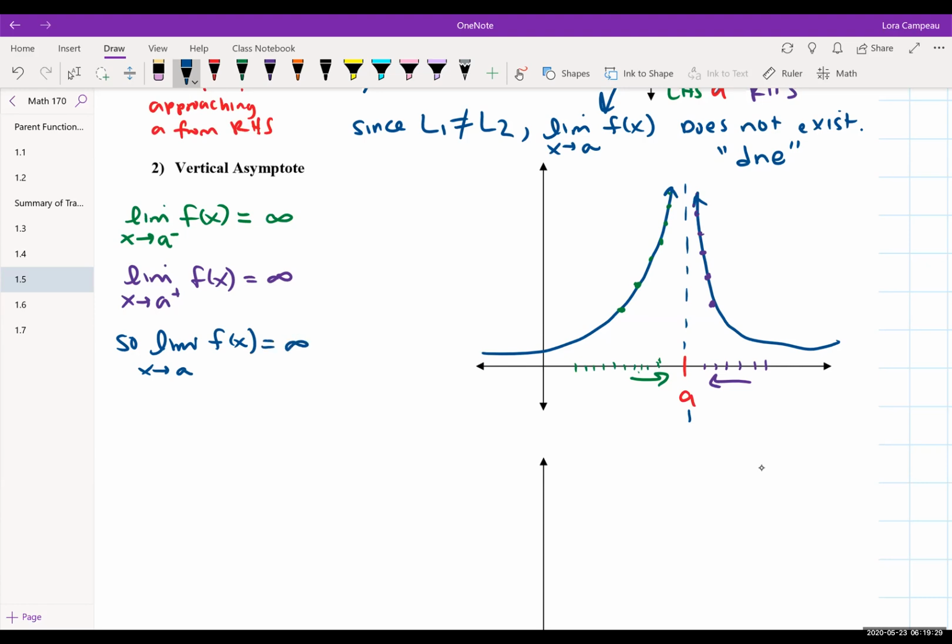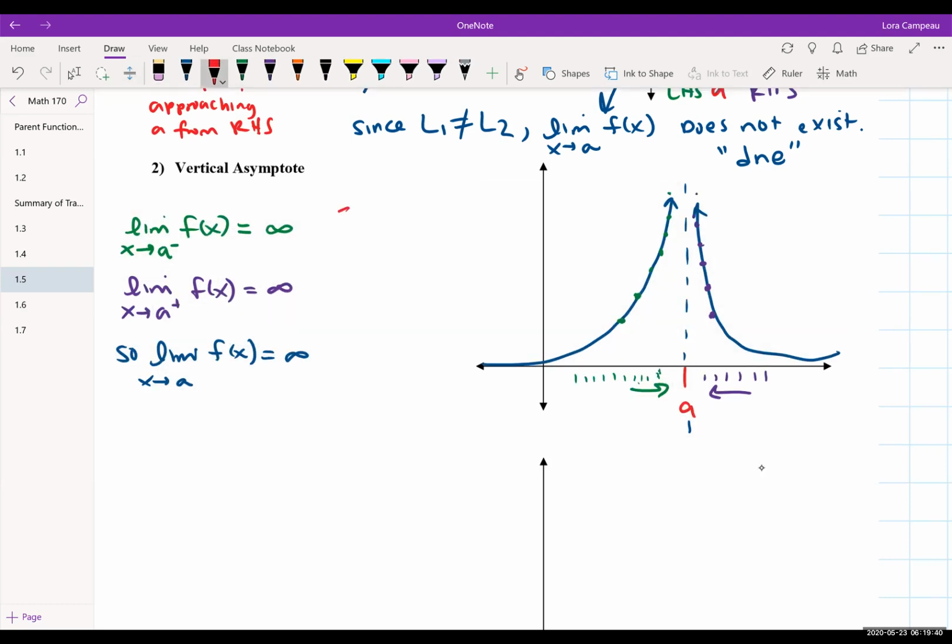They're the same on each side. But I want to give a little bit of caution, a note with this. See if I can write this down. Technically, limits don't exist if you're talking about infinity.